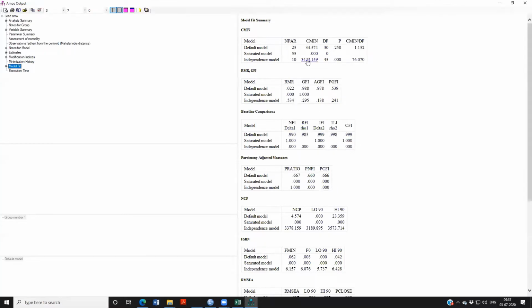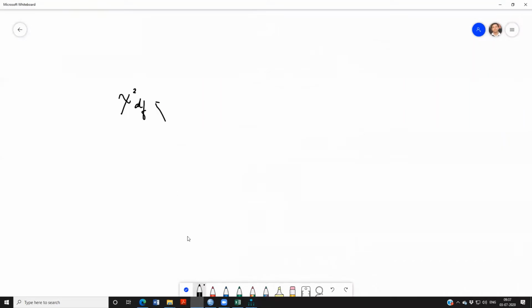the chi-square is 34.57, degrees of freedom is 30, and the p-value is 0.25. So what we will write is something like this: chi-square, degrees of freedom 30, is 34.57, and the p-value is equal to 0.258.